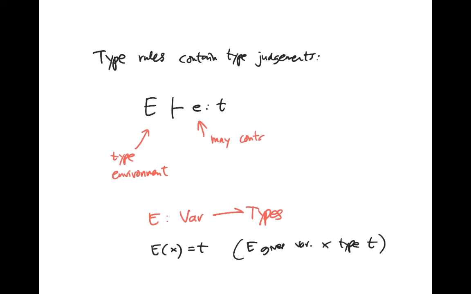So in order to find the type of variables, we need to look them up in the type environment.